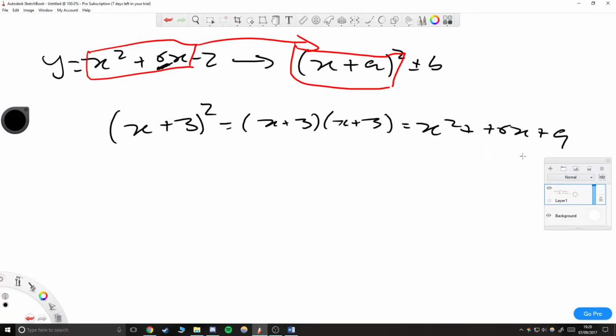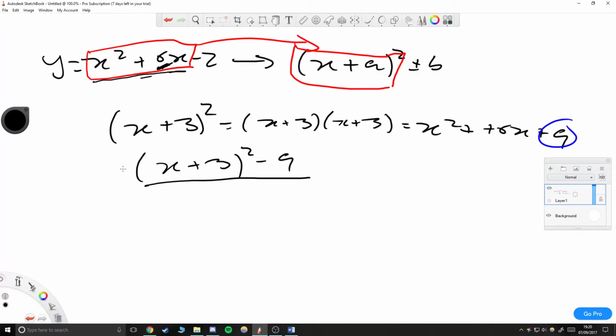But if we expand this out like so, we find that we get this extra 9 over here, which we don't want in our equation. We just want the x squared plus 6x. So what we do is we subtract the 9 from this x plus 3 all squared, leaving us with this. And that here is equal to this first part in red.